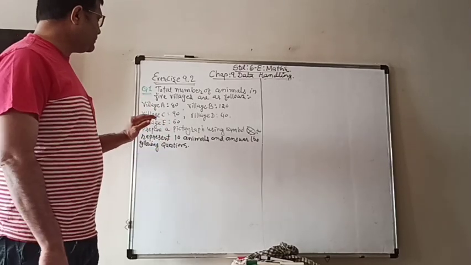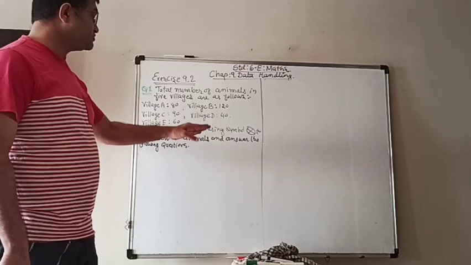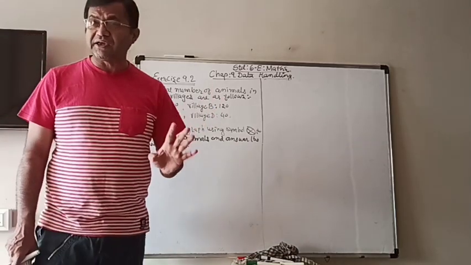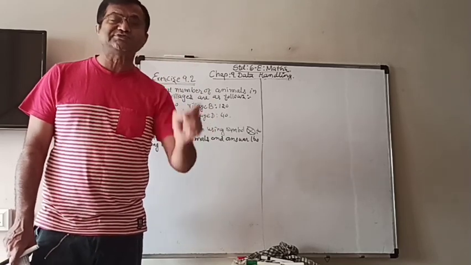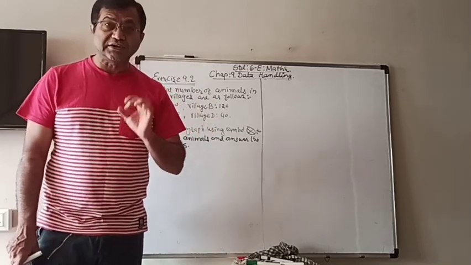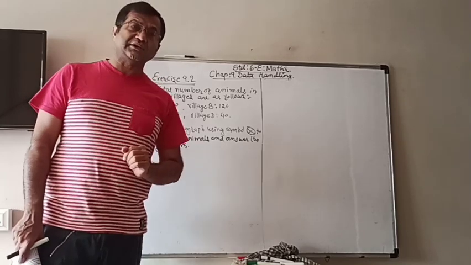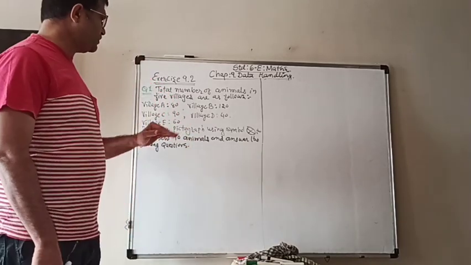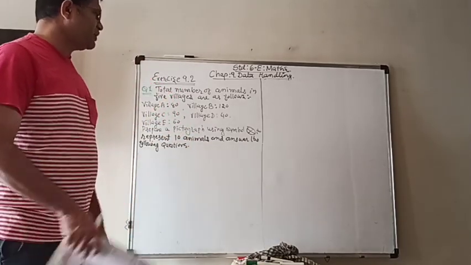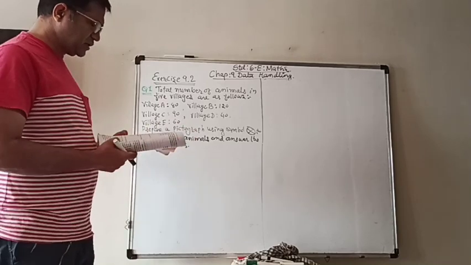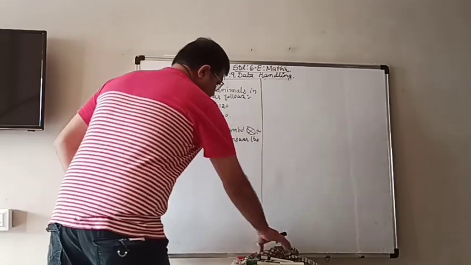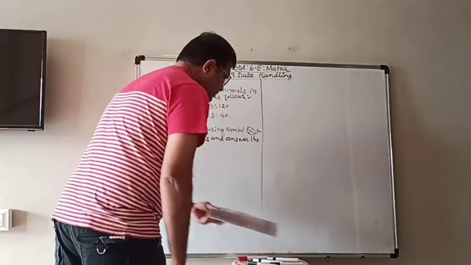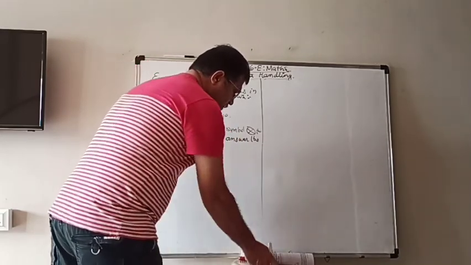Also given that prepare a pictograph using symbol they already gave to represent 10 animals, means that circle and cross mark represents 10 animals. And then after drawing the pictograph, you have to give the answer to the questions given below. So first of all, let's start drawing the pictograph using this.